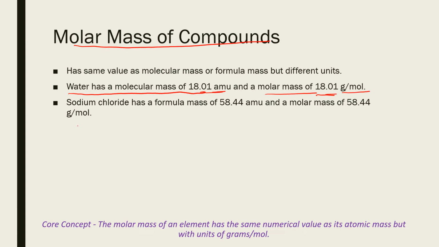Sodium chloride's formula is NaCl, so if we add the atomic masses of sodium and Cl, we get the formula mass of sodium chloride to be 58.44 AMU. Hence, its molar mass will also be 58.44, but the units will be grams per mole. In other words, molar mass is calculated the same way as we calculate molecular mass, the only difference is that we put the units as grams per mole.